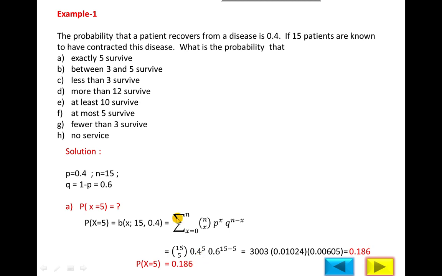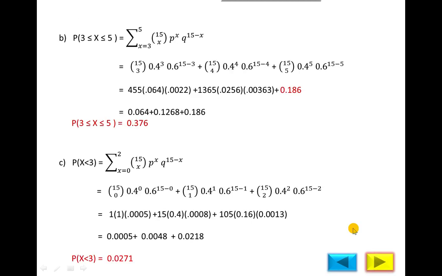So the probability of exactly 5 patients surviving, if 15 patients are known to have contracted this disease, is 0.186. Now the second part, between 3 and 5 survive. Between 3 and 5 means X greater than or equal to 3, less than or equal to 5. There are different values of X from 3 to 5. N is fixed at 15, P is constant 0.4, Q is fixed for this question 0.6, but the value of X varies from 3 to 5.